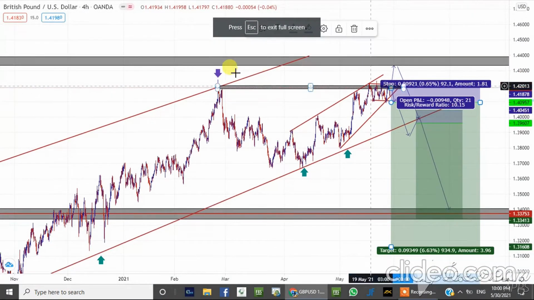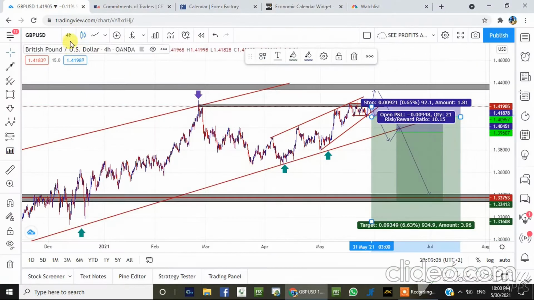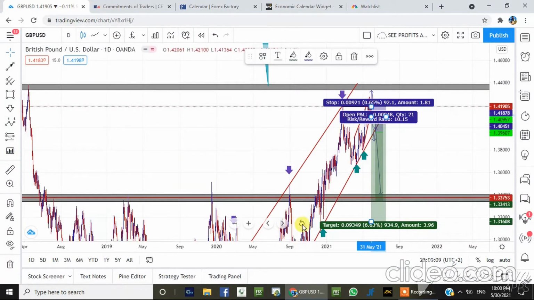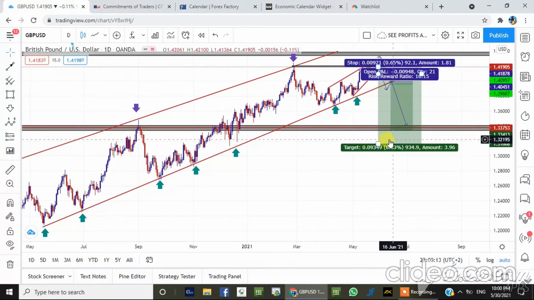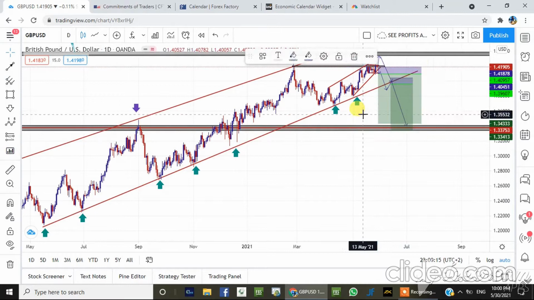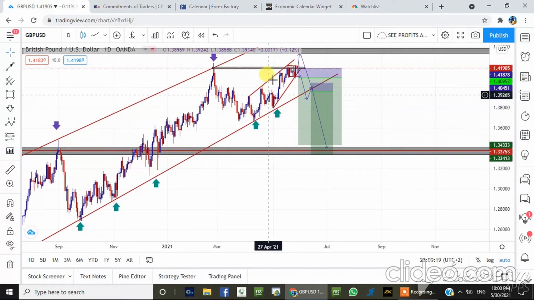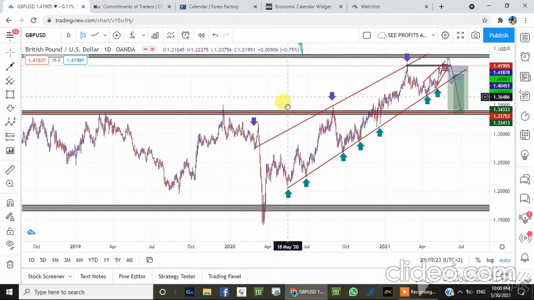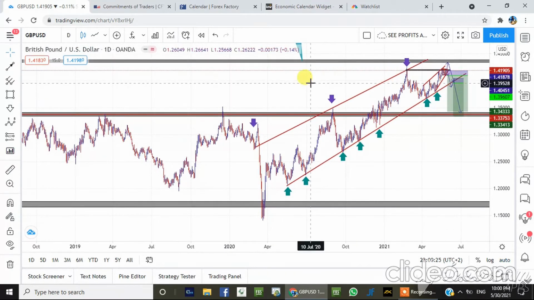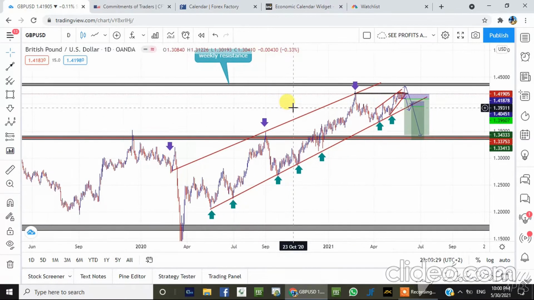Allow me to screenshot this. Okay, wait, let me change the time frame to daily time frame. Now we may only wait for a clear confirmation. So let me screenshot this so that they can also have this analysis in the group of GBPUSD.